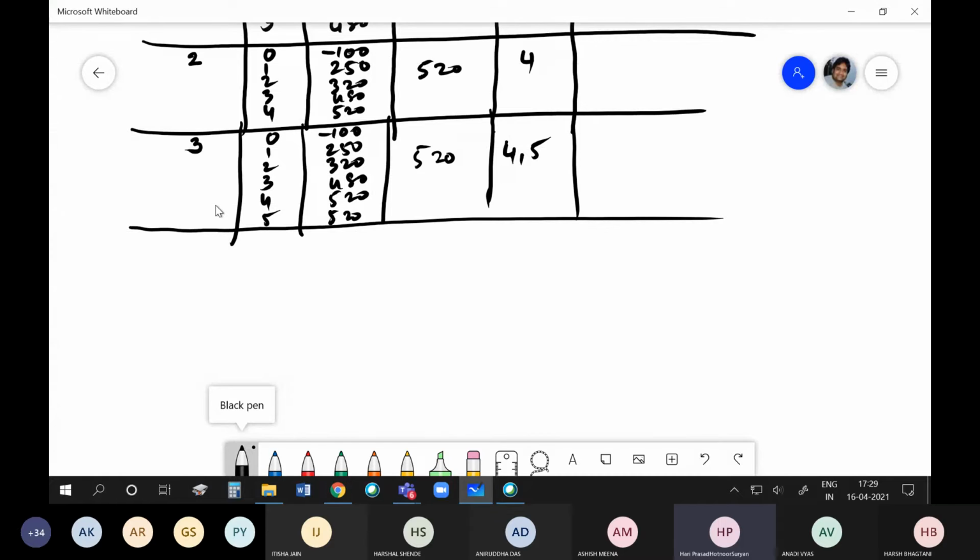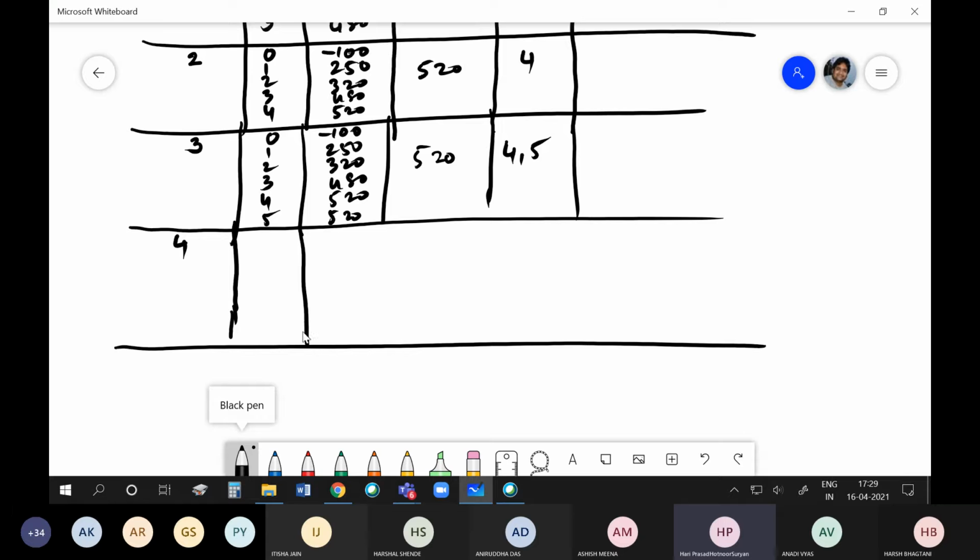Now if I have 4, that means the reservoir is full at the beginning of season 4. So what are the possible values? 0, 1, 2, 3, 4, 5, 6.